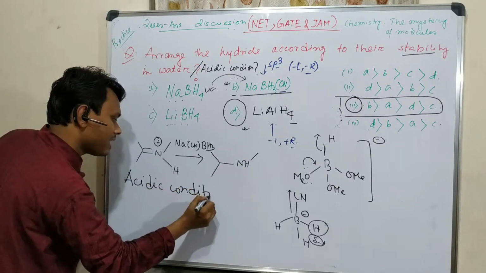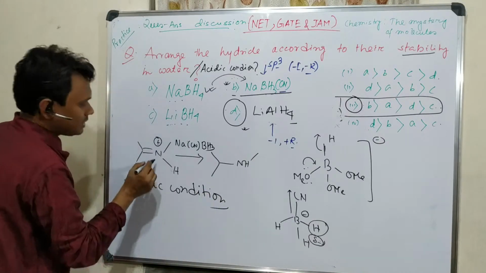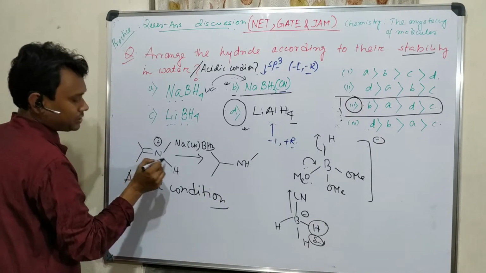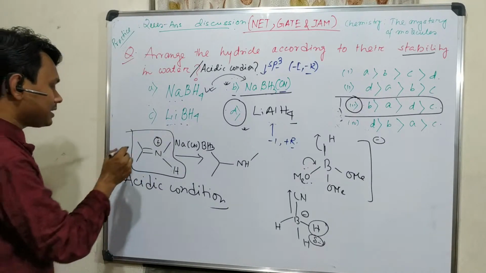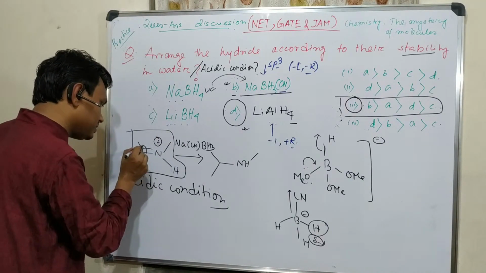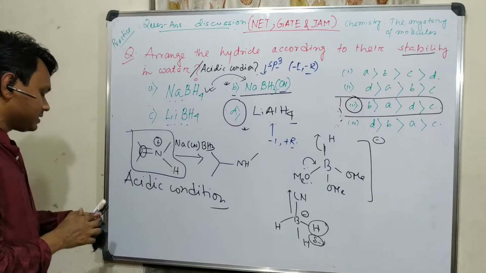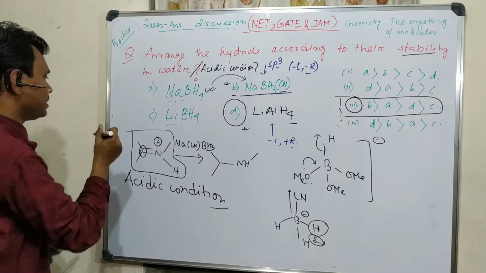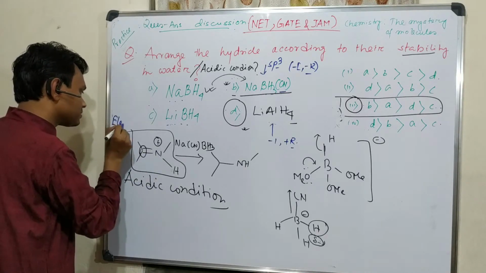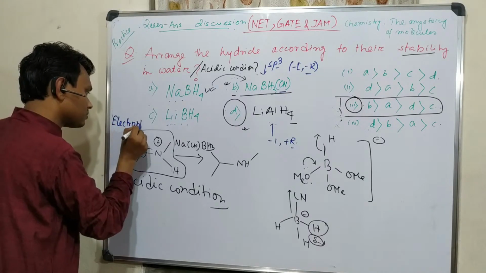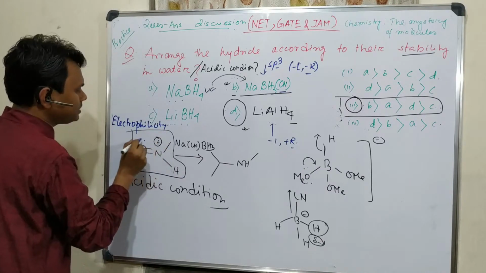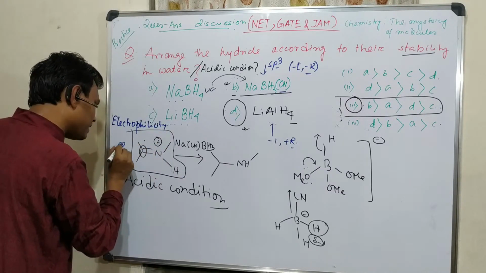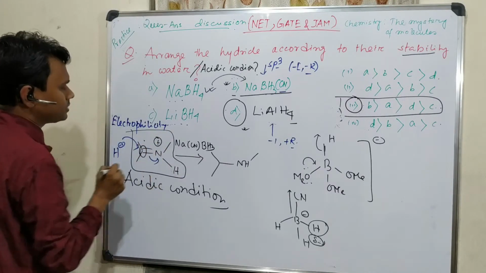What does it mean? Under acidic condition, this nitrogen is protonated to give this iminium, and that's why the electron deficiency of this center, that is the electrophilicity of this carbon, increases. Then only this hydride can attack and reduce it.